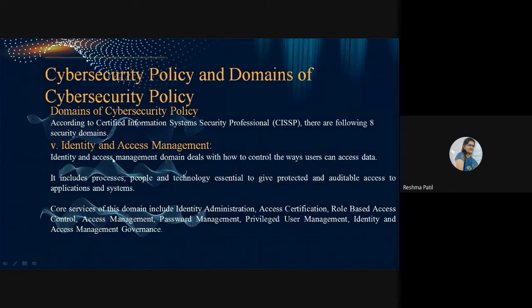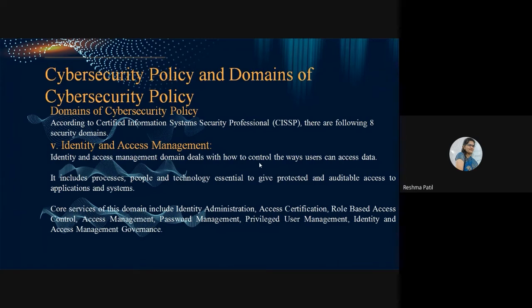So the identity and access management domain deals with how to control the ways users can access data, meaning only those who are authorized to access a particular system can get that data. Here we are controlling the access.